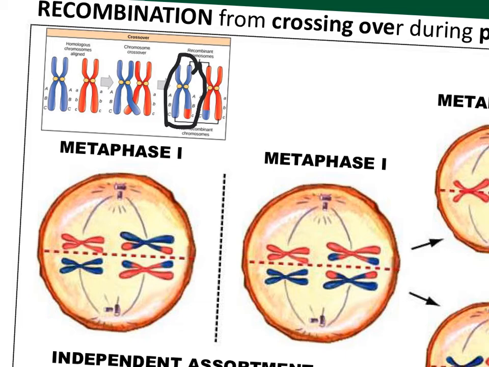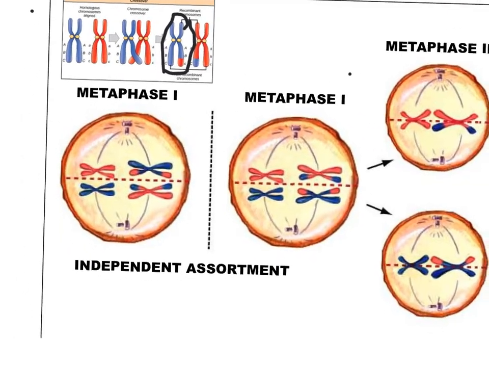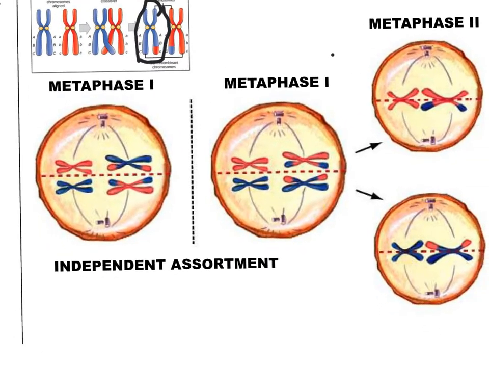Okay, now, crossing over happens during metaphase 1, and then, as you can see, the chromosomes can line up differently.